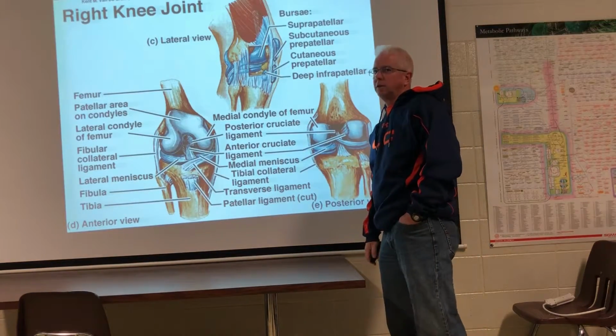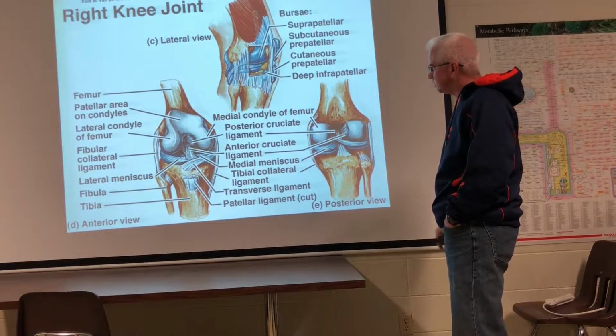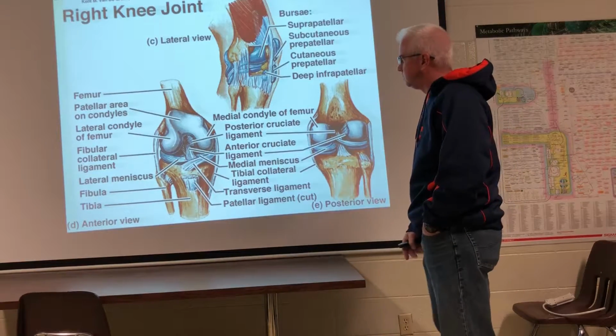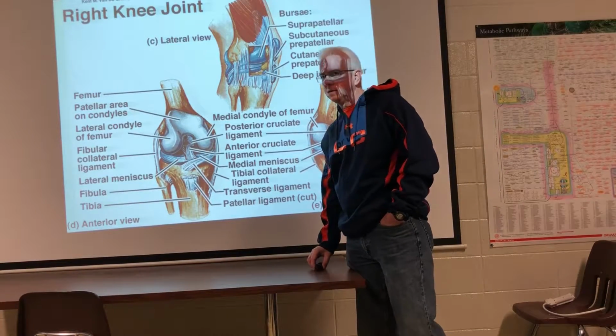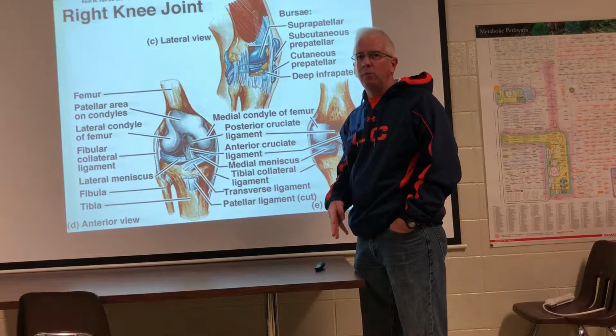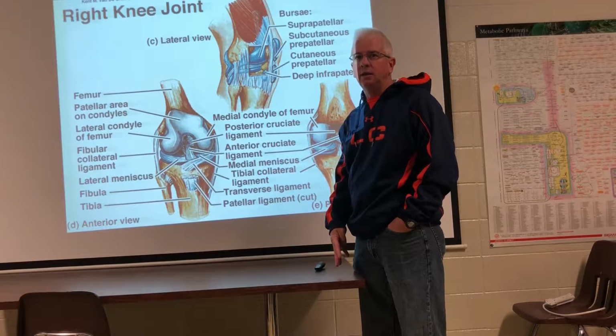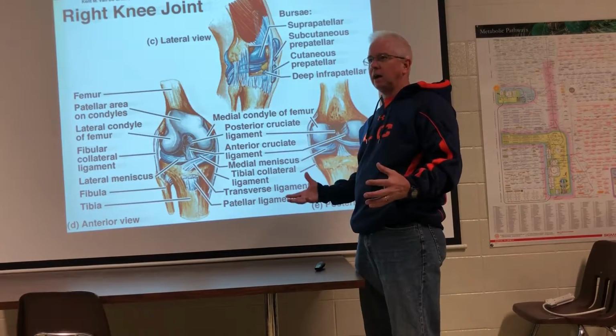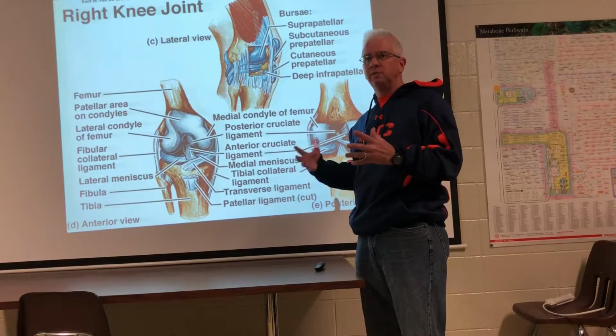All right, now here's what it looks like on the inside. I tear the knee apart to look at it inside, take all the muscles off, and this is what you discover. There are, in fact, 4 large ligaments that help hold the knee in place. 2 of them sit outside the joint capsule, and 2 of them sit inside.